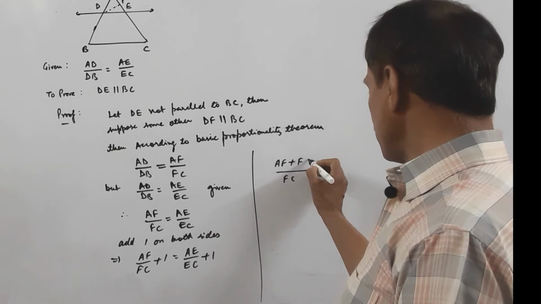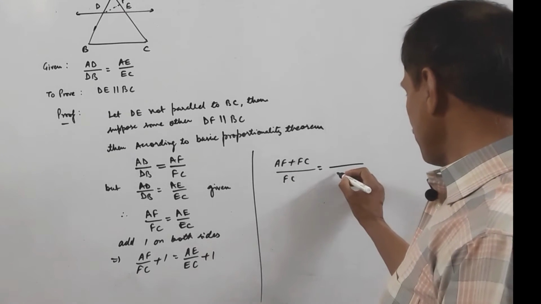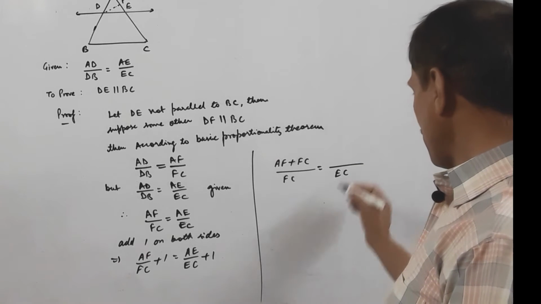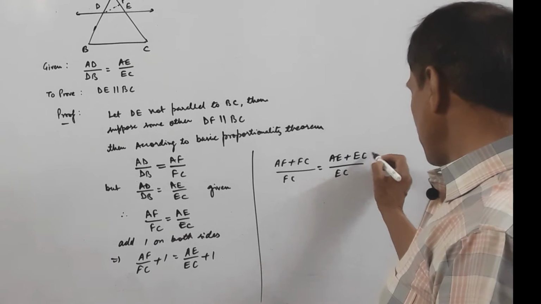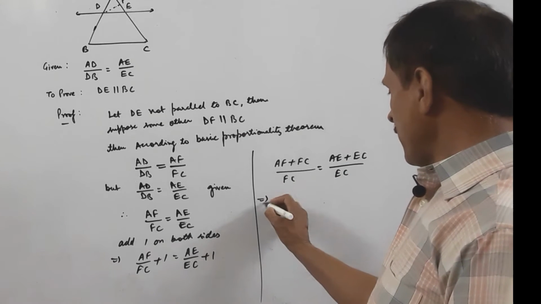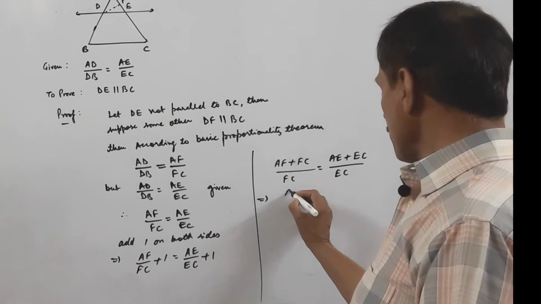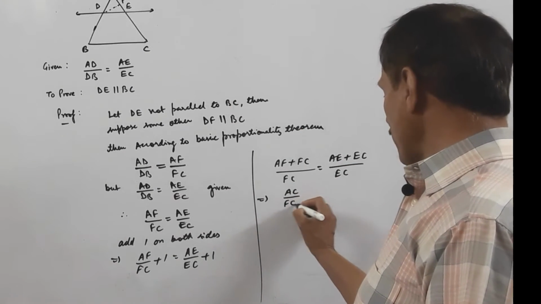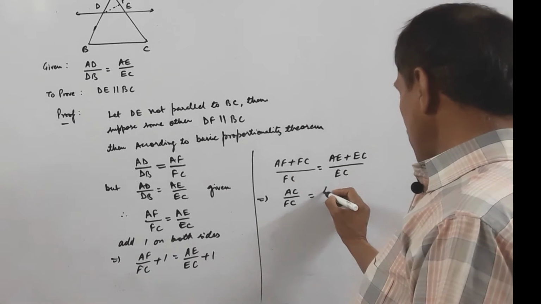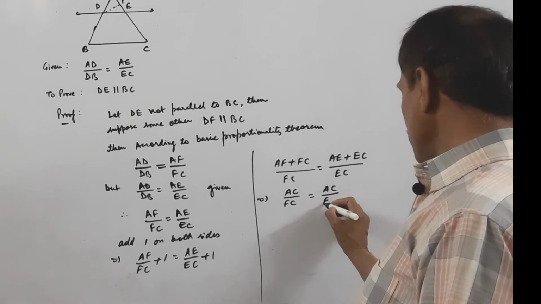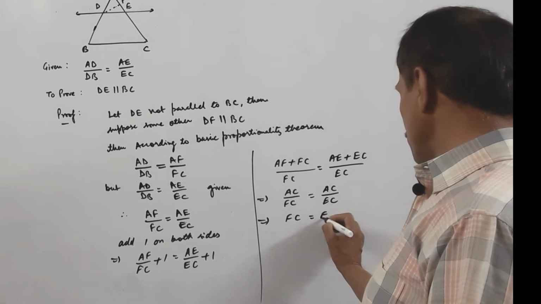AF plus FC is equal to, we take LCM EC, AE plus EC, implies AF plus FC is equal to AC upon FC is equal to AE plus EC again AC upon EC, which implies FC is equal to EC.